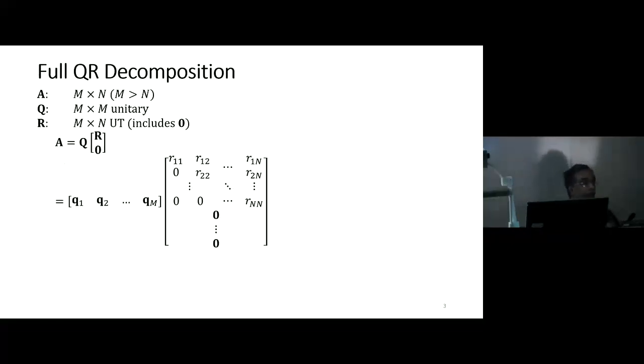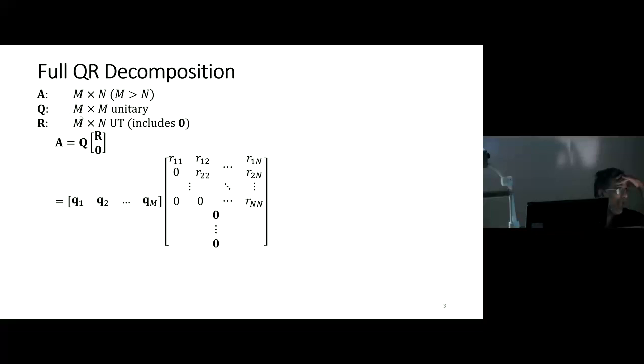Okay, so this is what QR decomposition of a matrix looks like. A is an M by N matrix. It's a tall matrix because we assume M is greater than N. It has more rows than columns. And it is decomposed into this form.